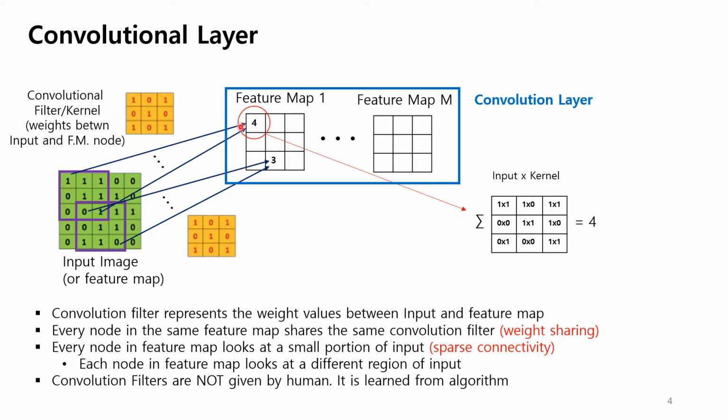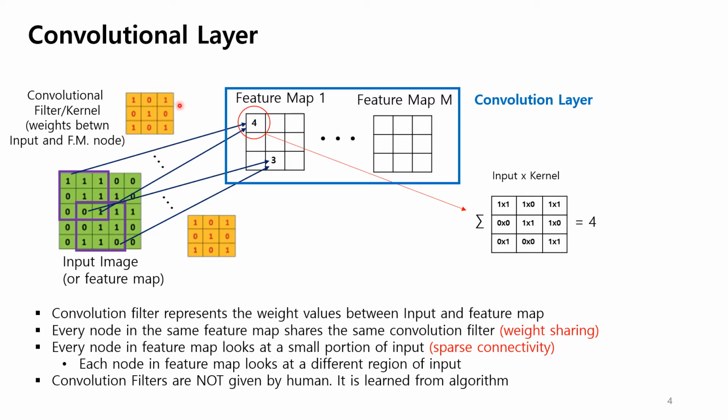So let's say this node is connected to these 9 nodes in the previous input image, okay? And also, let's say this node is connected to these 9 nodes in the input image. And each link here is associated with a weight value, right? Each connection has its own weight value.